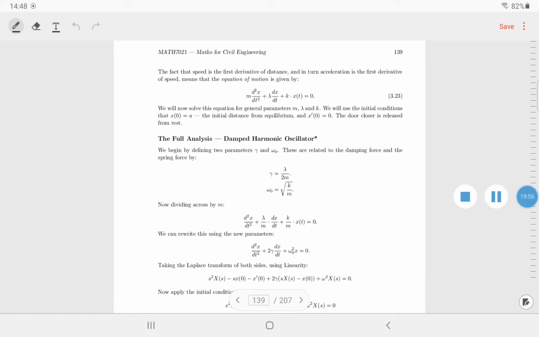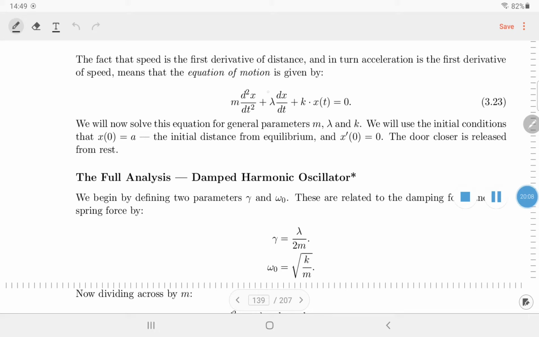Okay, now what we're going to do here is just talk about the different behaviors that you can get. We might just say that this is minus the damping force. Let me say that this is acceleration, because it's the second derivative of displacement.